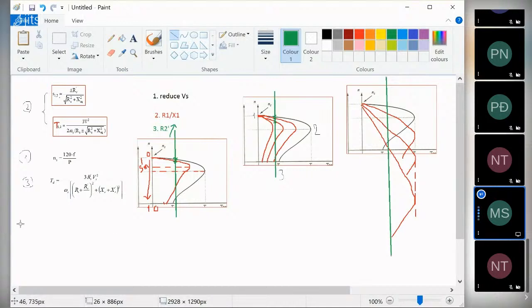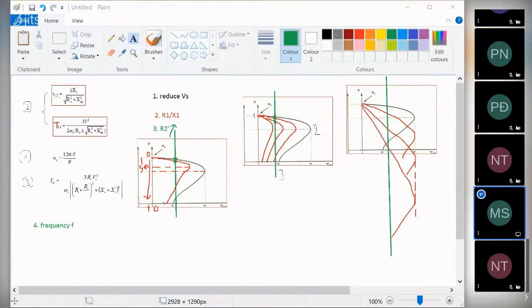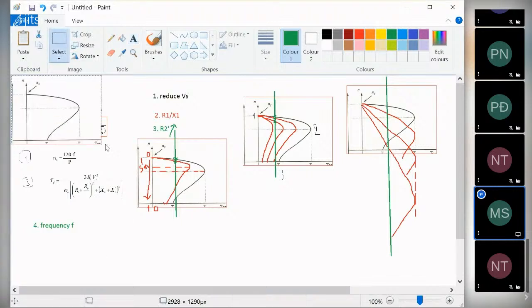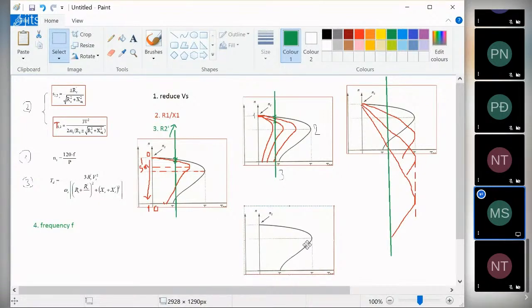Okay, next, number 4. You can change the frequency. Okay, help me to find out the artificial response.